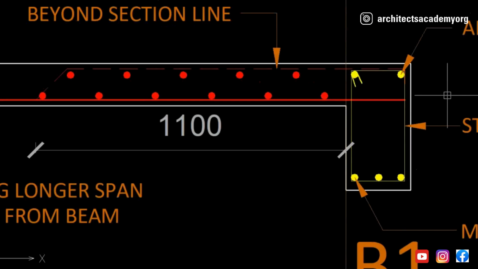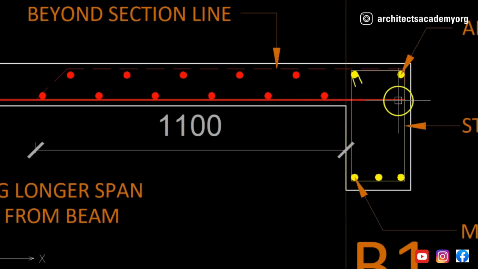The reason for that I had mentioned in the case of the one-way slab, that is to get the necessary development length for the bar. That means that when the slab bends, the reinforcement bar also has a tendency to bend, and thereby it has a tendency to get pulled out of the beam.